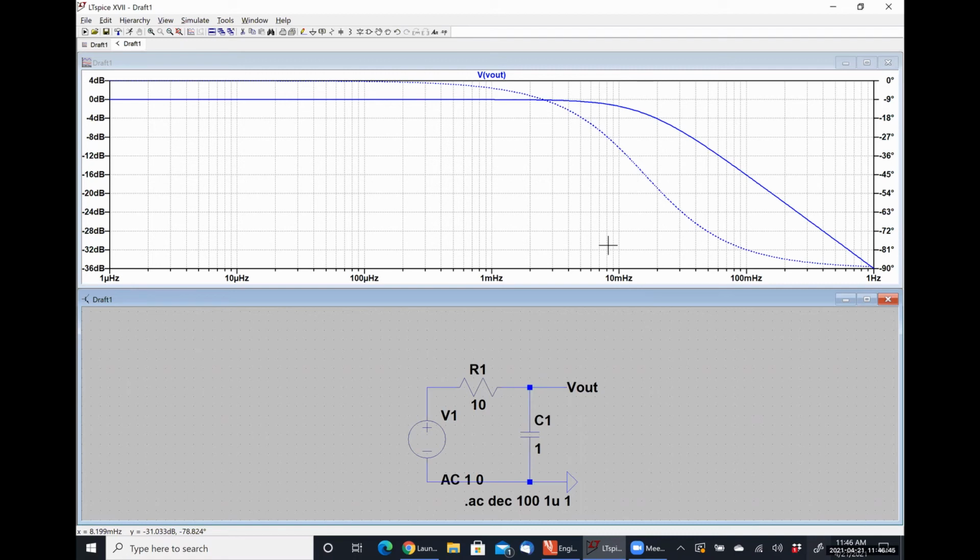Now, a moment ago, I said that we should expect our 3 decibel frequency to be at about 16 millihertz, right? So we look at this thing. Let me make this even more obvious. Let's see if I can do it this way.